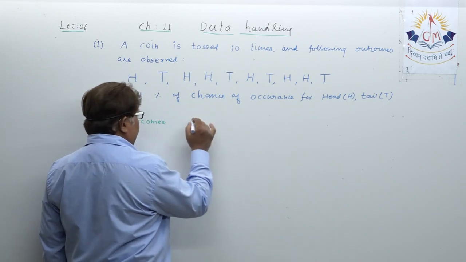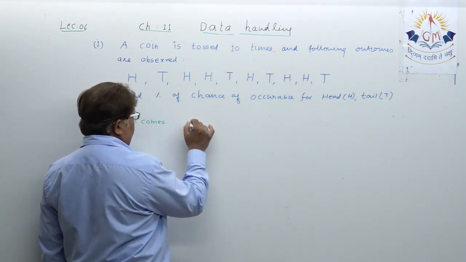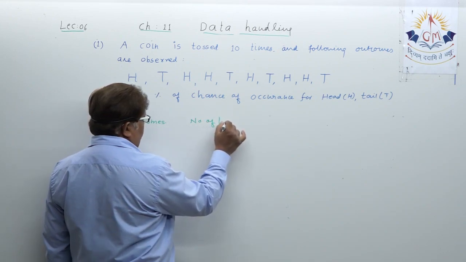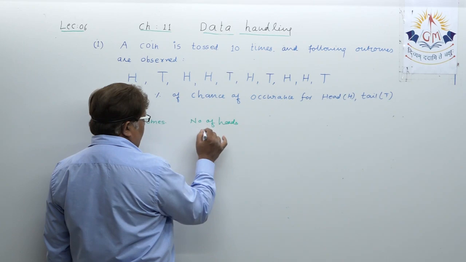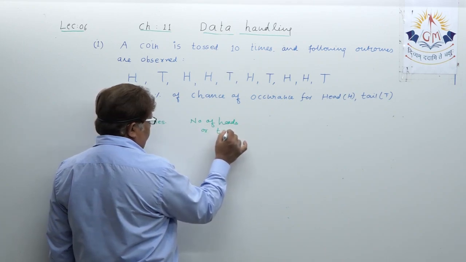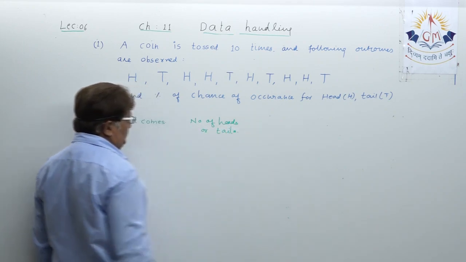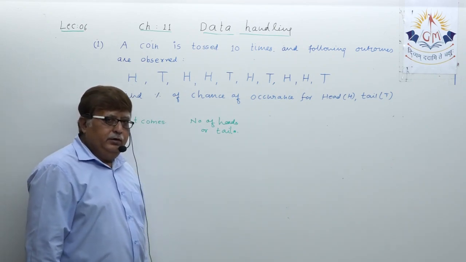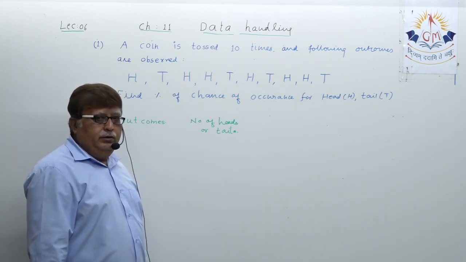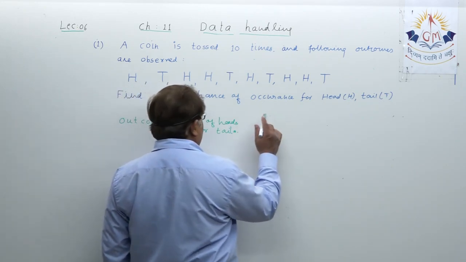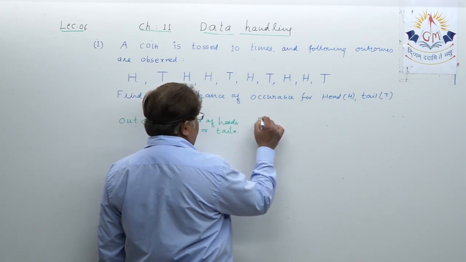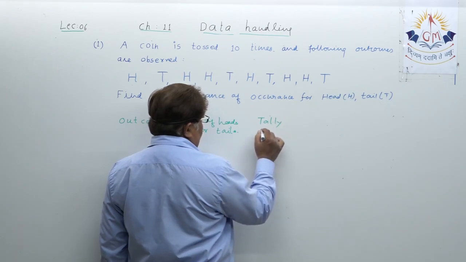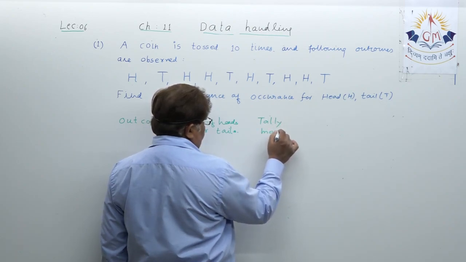Then I will place the title number of heads or tails, because there is no specification here regarding number of heads or tails, because only one coin has been tossed. Then, dear student, tally marks. That's my third column.